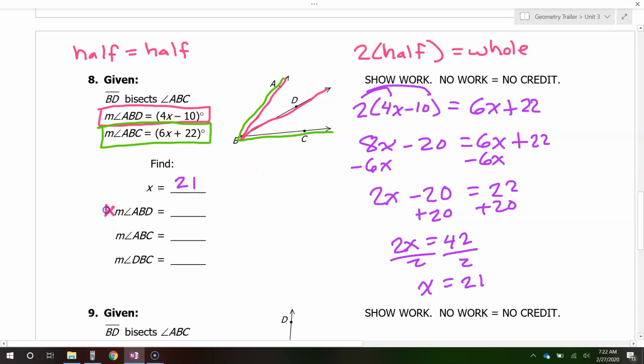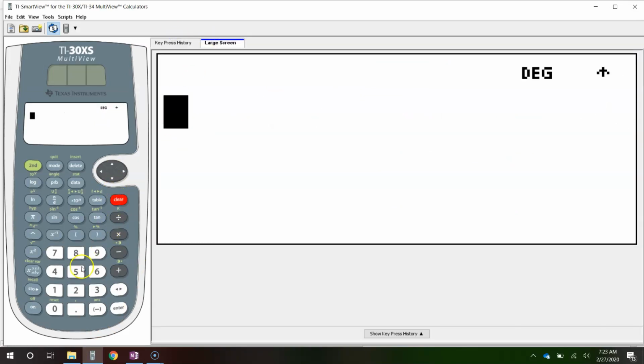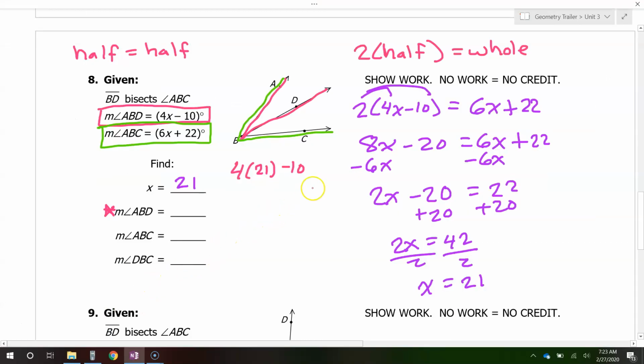So that's going to be 4 times 21 minus 10. So that is 74. All right, so ABD is 74 degrees. Now, how about angle ABC? That's green.